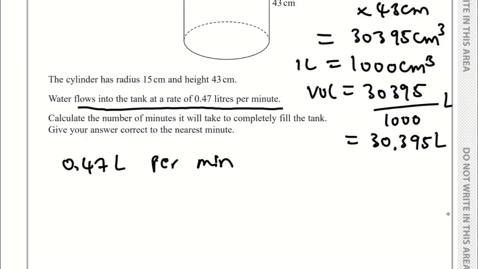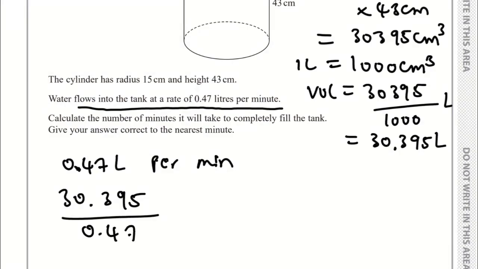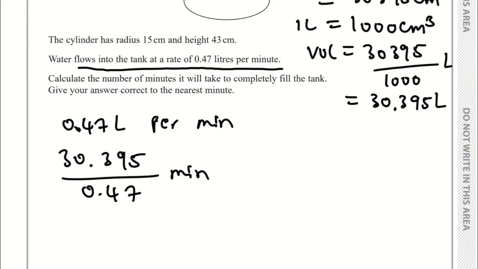Now, how long will it take to fill up this tank, which is 30.395 liters? That's going to be 30.395 divided by 0.47. This is going to be the number of minutes it will take to fill up the tank.